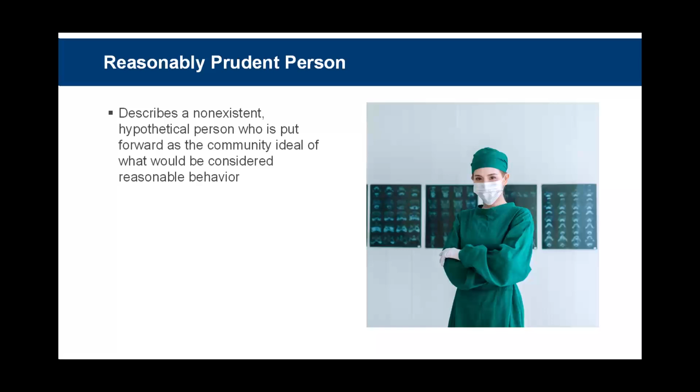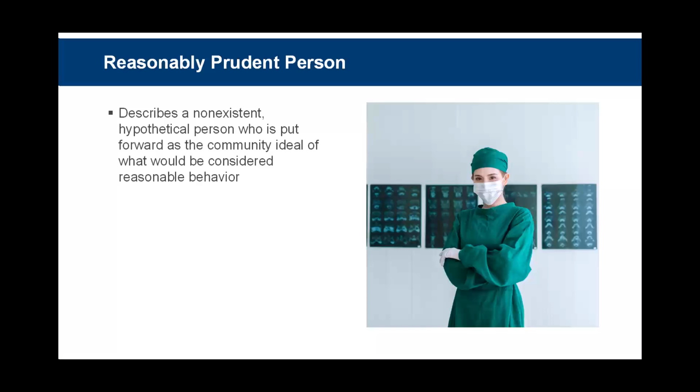This standard helps courts assess whether someone's actions were negligent by comparing them to how a typical, sensible person would act under similar circumstances. For example, in a healthcare setting, a nurse is expected to follow established protocols when administering medications. If a nurse forgets to double-check a patient's allergy information, a duty a reasonably prudent person would perform, this oversight could be deemed negligent.